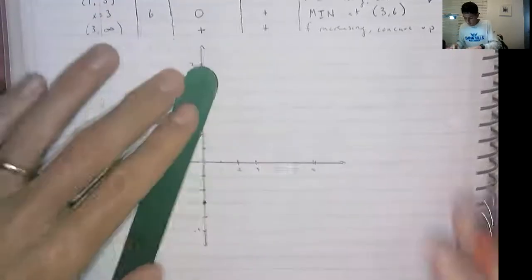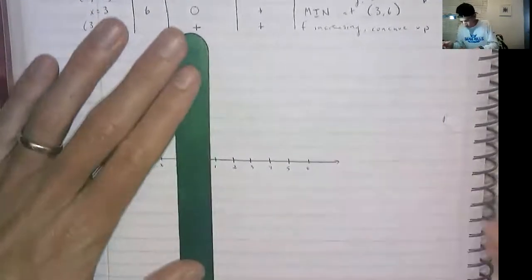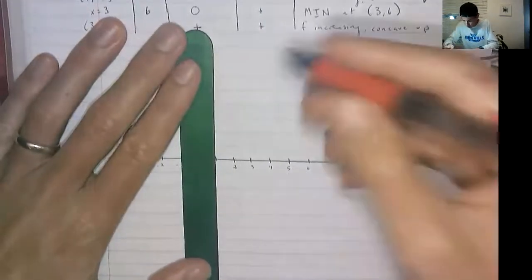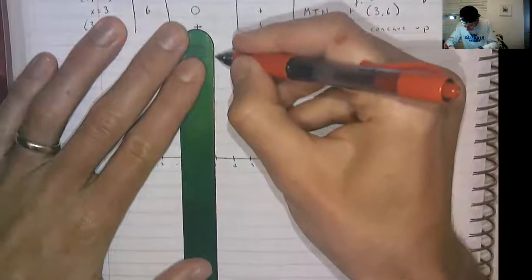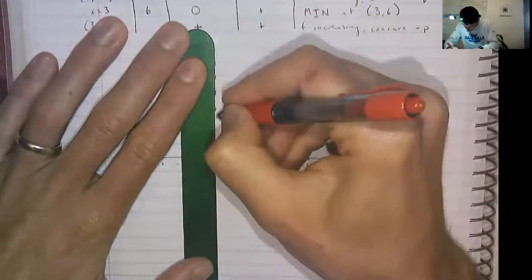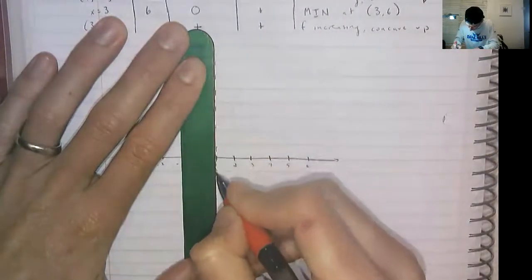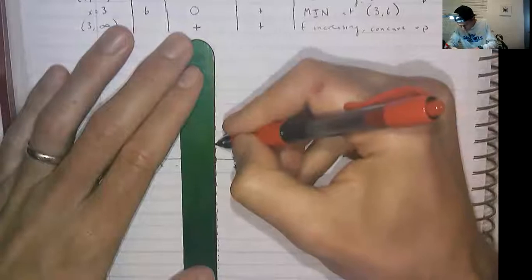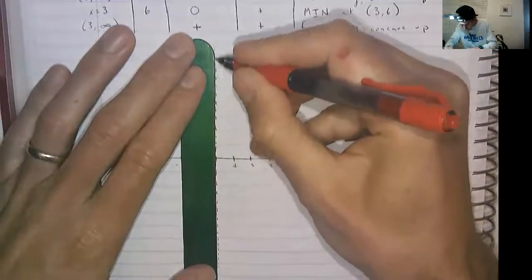We had a vertical asymptote at x = 1. We use red for asymptotes because that just feels like a power color. Hey, don't cross this line. Okay. Cool.